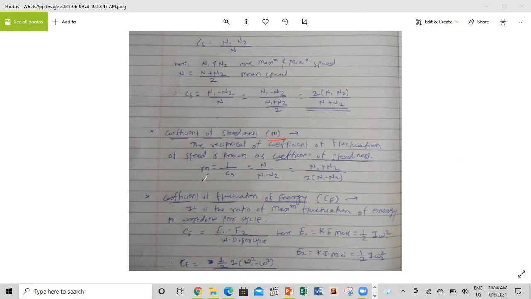M is equal to the reciprocal, 1 by Cs. So we write down the reciprocal of N1 minus N2 divided by N. N goes to the numerator and N1 minus N2 goes to the denominator. So N divided by N1 minus N2.